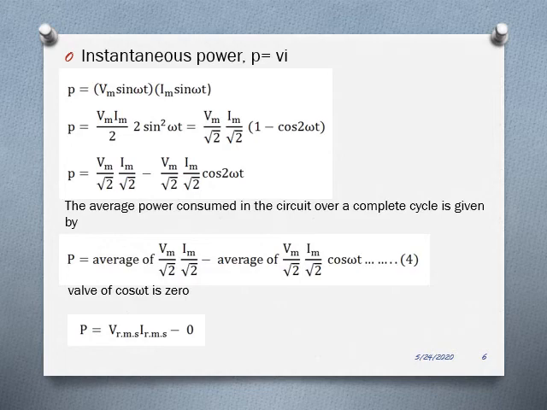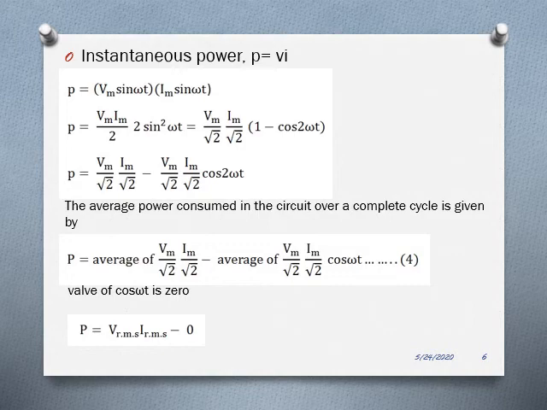Again open the bracket, so you get Vm by root 2 into Im by root 2, minus Vm by root 2 into Im by root 2 cos 2 omega t. So you may see that the instantaneous power at any instant consists of two parts. The first part is a constant part, that is Vm by root 2 into Im by root 2. And the second part is known as the fluctuating part, that is Vm by root 2 into Im by root 2 into cos 2 omega t.